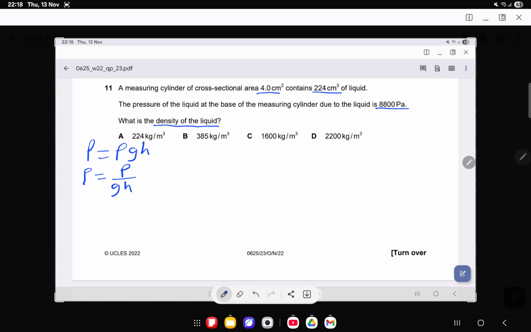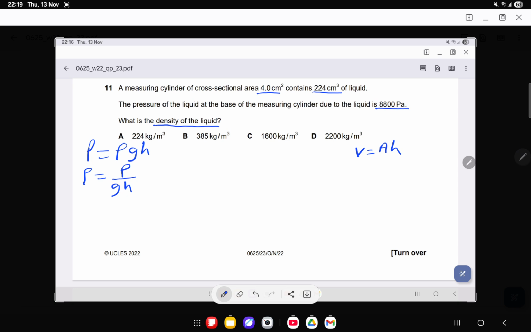So we need to use the area and the volume to be able to find the depth or the height. Okay, so you can also agree with me that volume is equal to the cross-sectional area times the height or the length. So the length will be the height. So let me make it h.